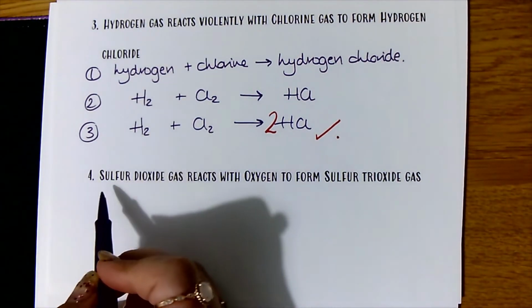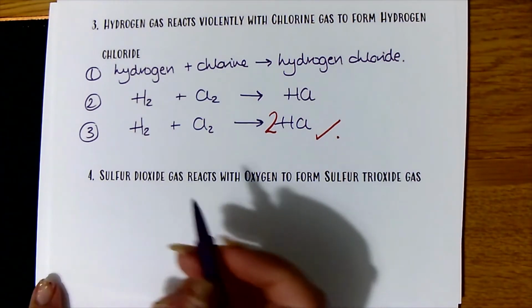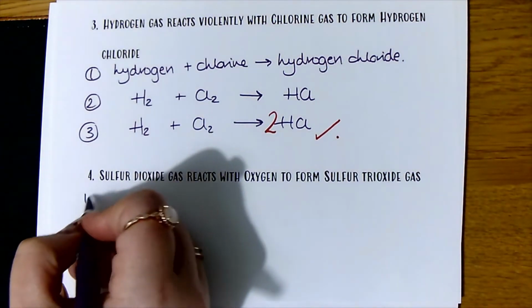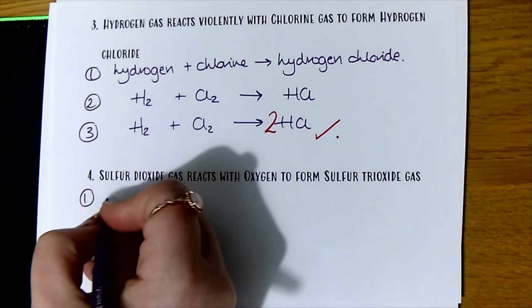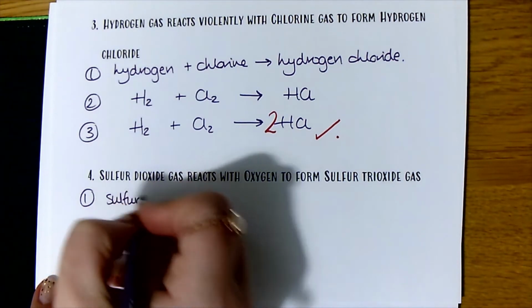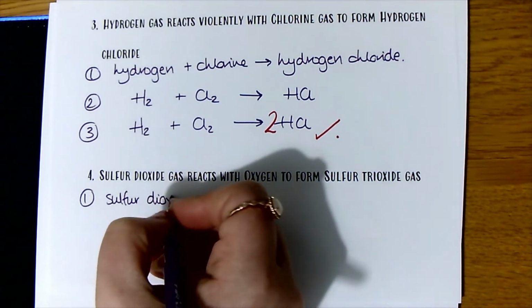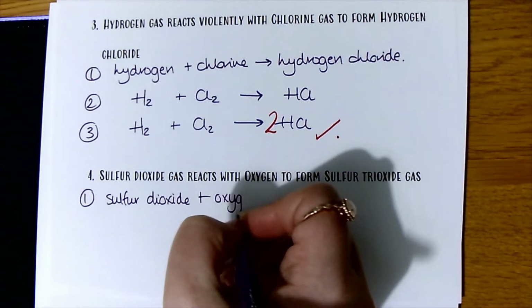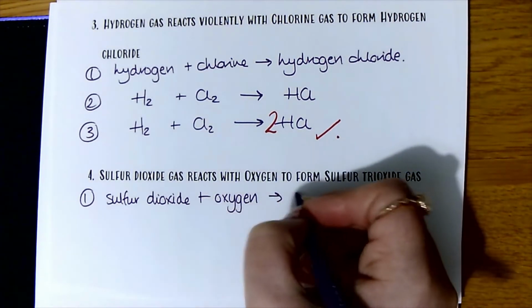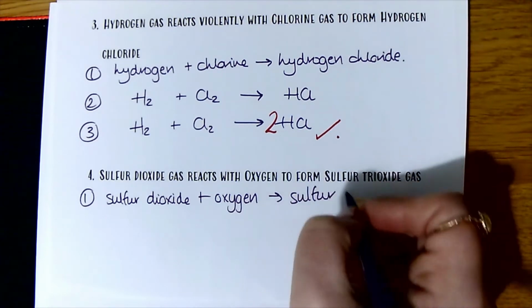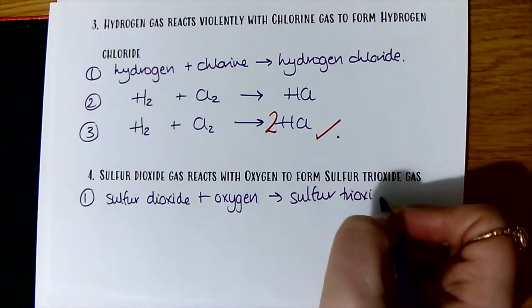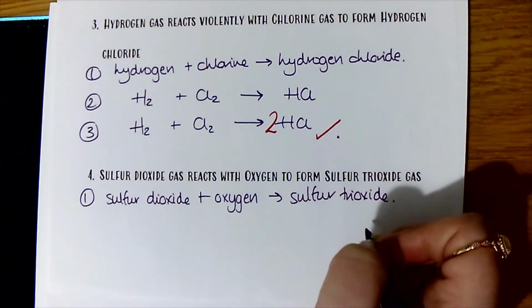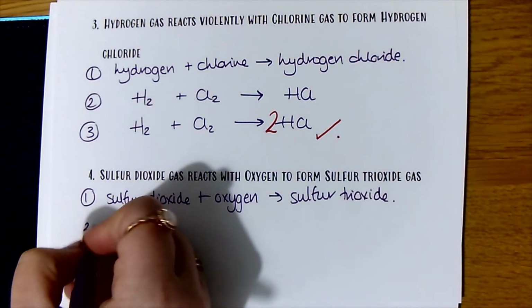Let's move on to number 4. Sulfur dioxide gas reacts with oxygen to form sulfur trioxide gas. So our word equation reads sulfur dioxide plus oxygen gives you sulfur trioxide.